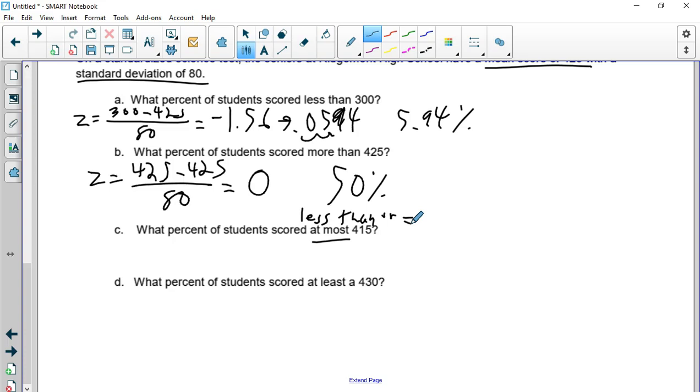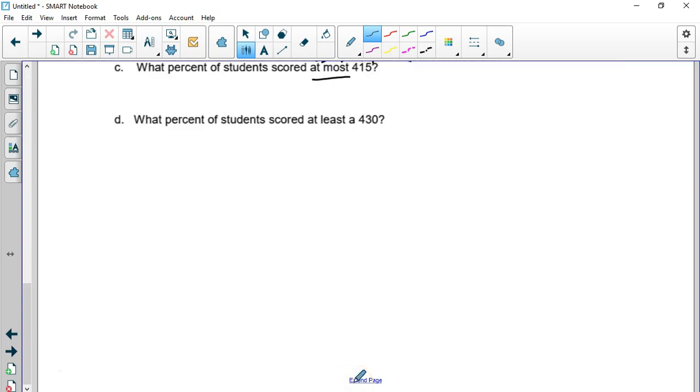So we're going to do our z-score here. 415 minus 425. Again, we're going to get a negative, we know. And that gives me a decimal of negative 0.125, which is negative 0.13, rounded, to look on the table, because we only have the hundredths spot.